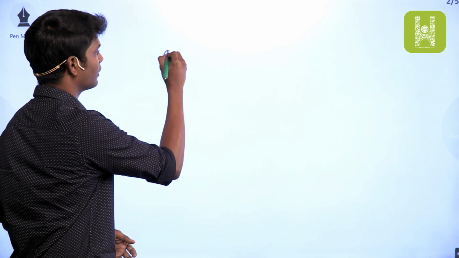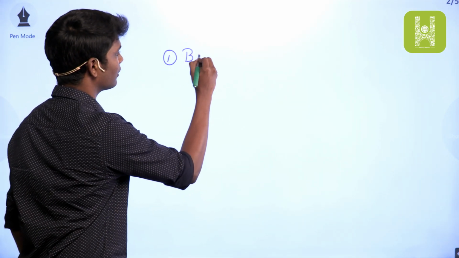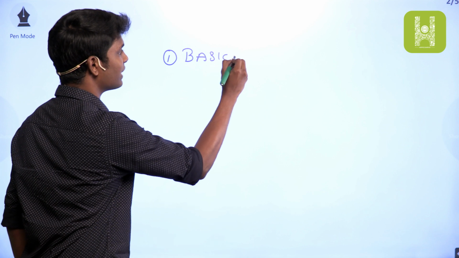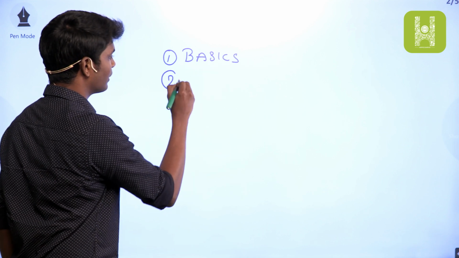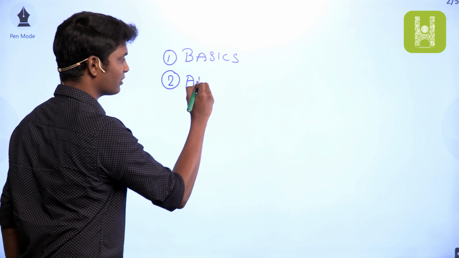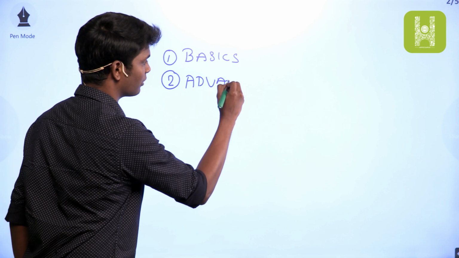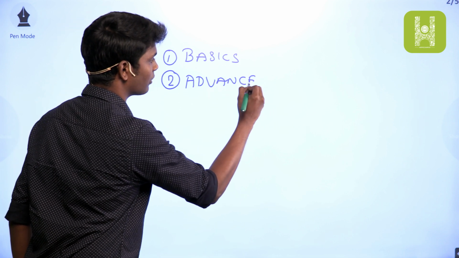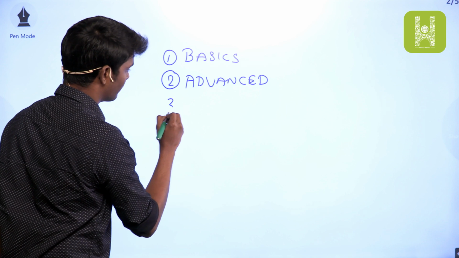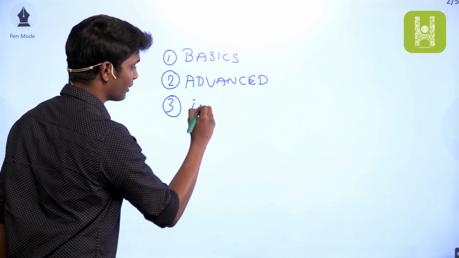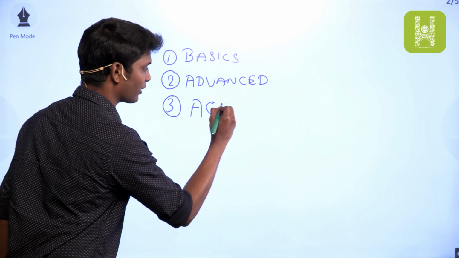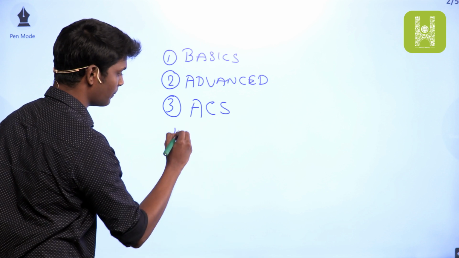So in this session, I'll try to deal with 6 basic topics. So the first one will be the basics. Second one is a little bit advanced. The third one will be the most important ones, the acute coronary syndromes.